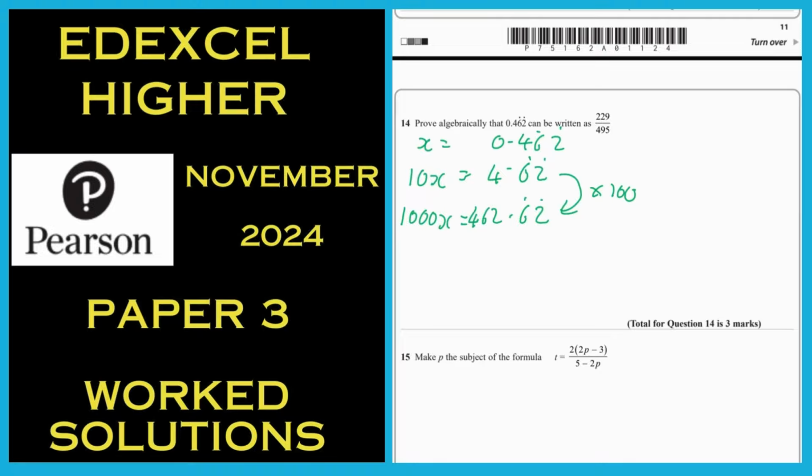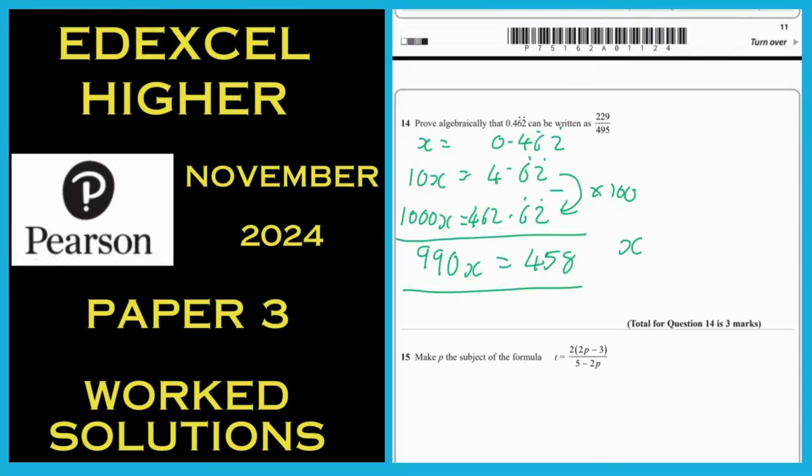462.62. We now do a big takeaway, bottom minus top. 1000x take away 10x. 462 point something minus 4 point the same something. The somethings cancel out.